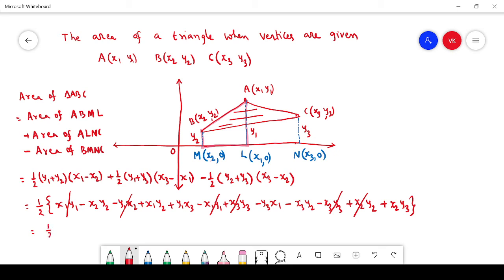This becomes half times, and whatever terms are left, take x1 common: x1 times (y2 minus y3). Take x2 common, what will you get, check.